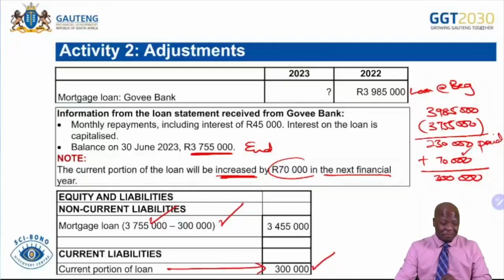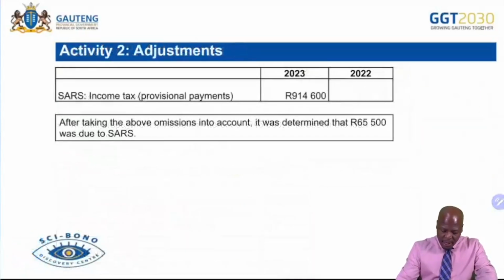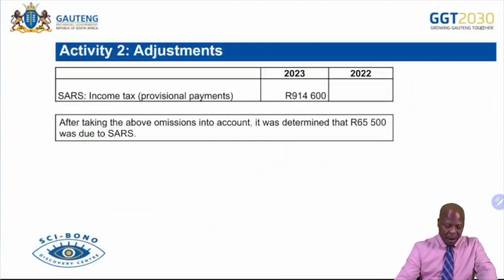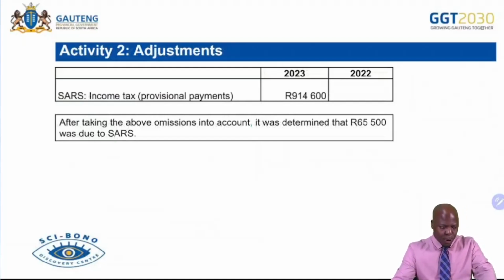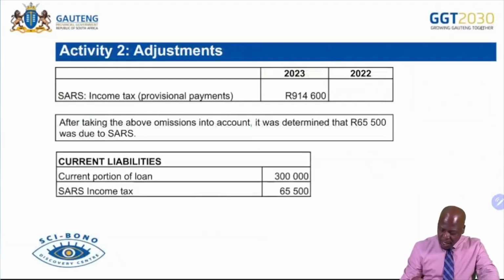Are we still okay? All right, I'm going to move on to the next adjustment. The next adjustment says, after taking the above omissions into account, it was determined that 65.5 was due to SARS. Remember, we're preparing the statement of financial position, so we're not going to waste time.